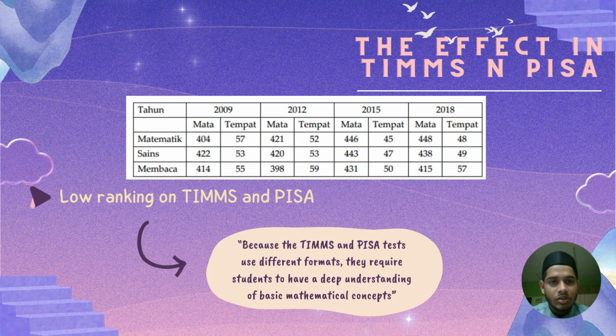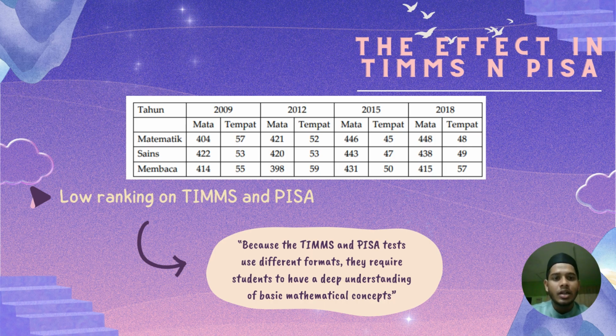But in 2018, our score is 448, an increase of 2 points from the previous years. But our place is 48th ranking. That shows that although our students have shown an increment, we also forgot that other countries have also focused on mathematics, have their students focus on mathematics.